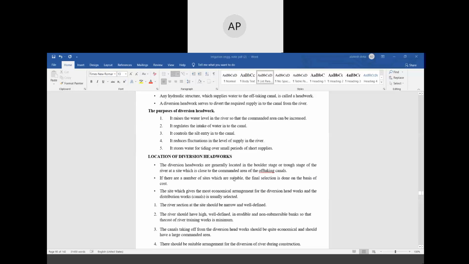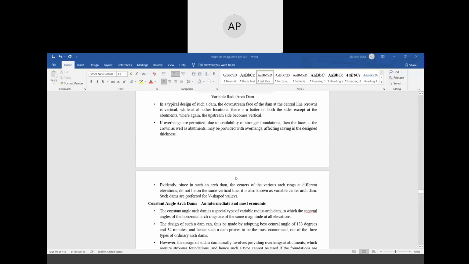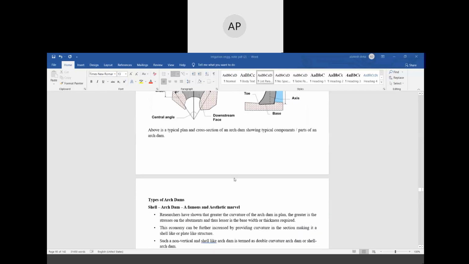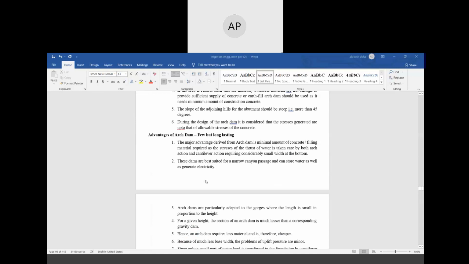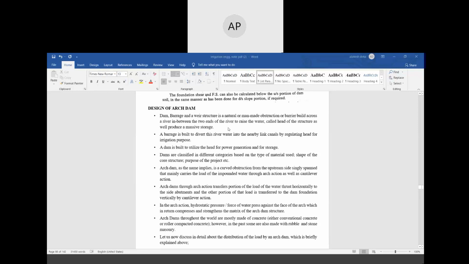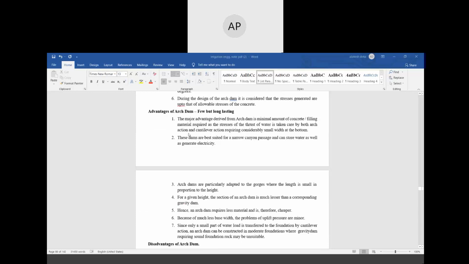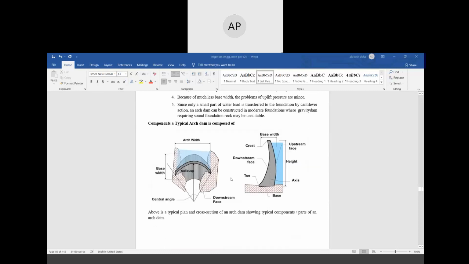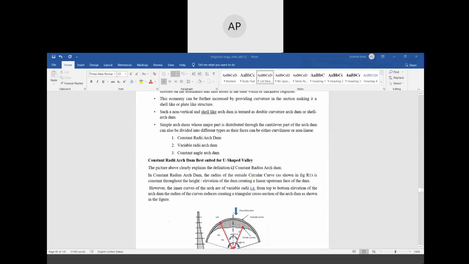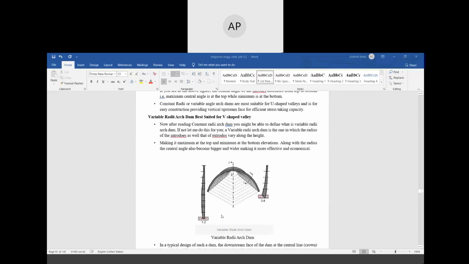About arch dams, I will give you the notes. You study yourself: what is the classification, what is the advantage and disadvantage of arch dams. These are the components of an arch dam. You study these things yourself.